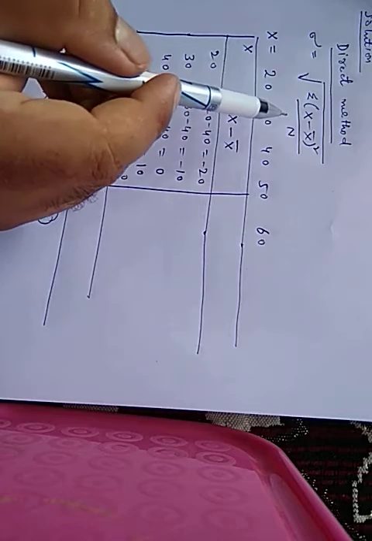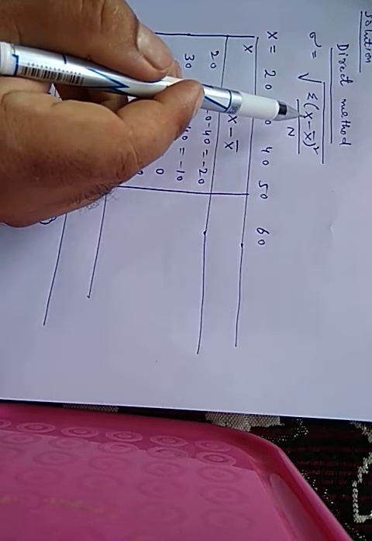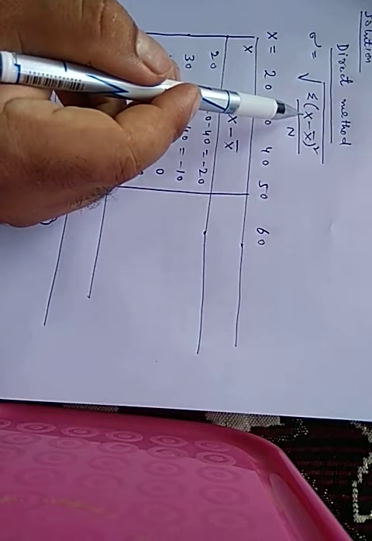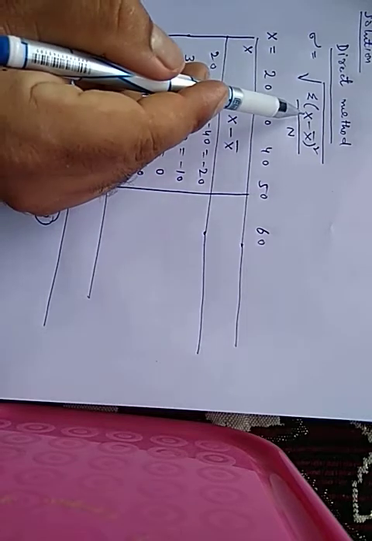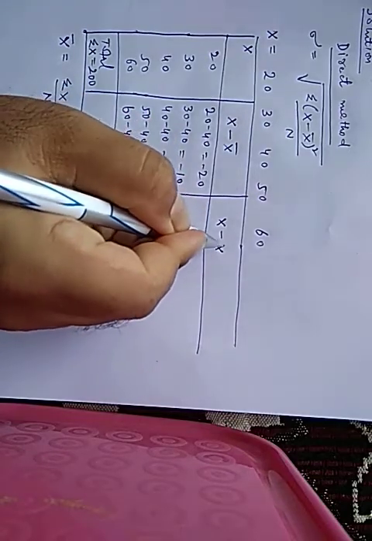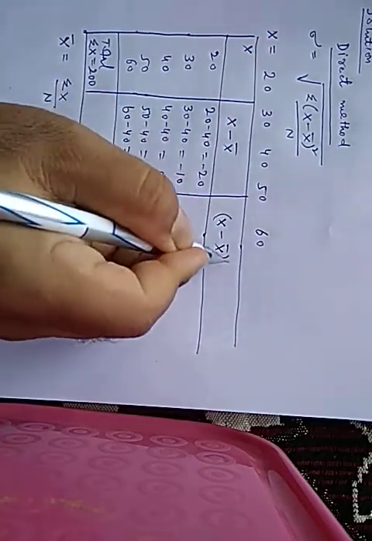Now as for formula, we have to construct one more column, that is x minus x bar whole square.